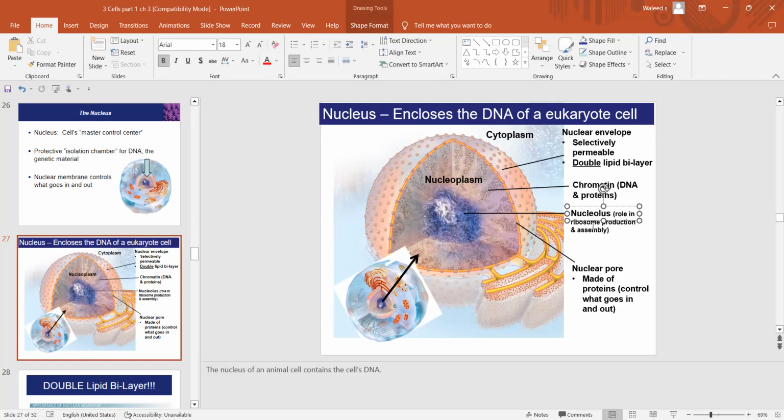Nucleus here, nucleus, and this is nucleolus. Okay, so this is extra. Nucleolus, it's not the same. Nucleus versus nucleolus. What's a nucleolus? Nucleus of the nucleus. Tiny nucleus.